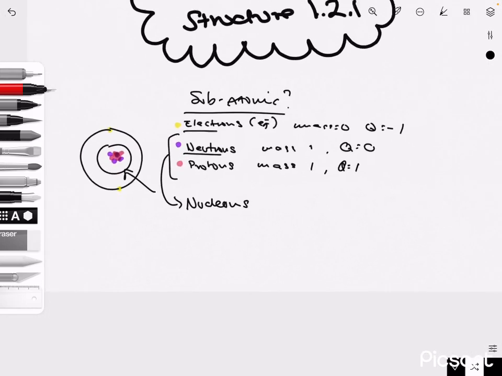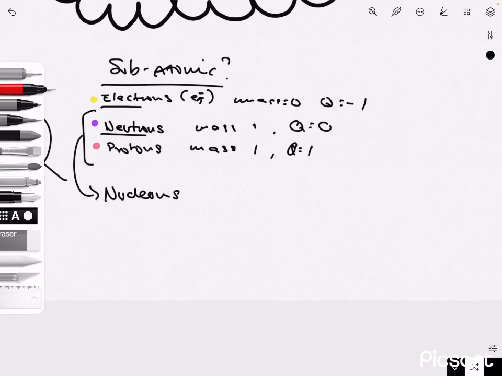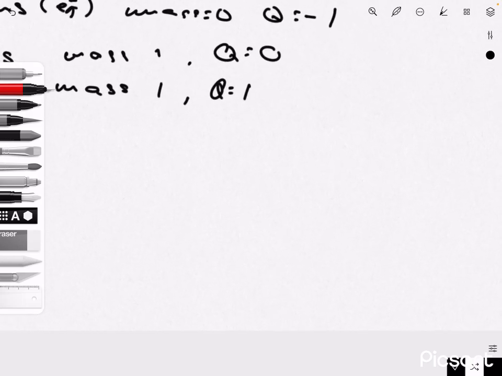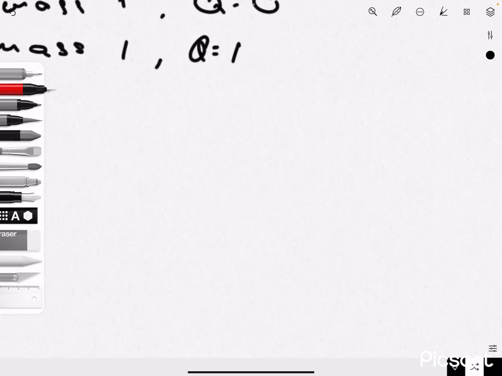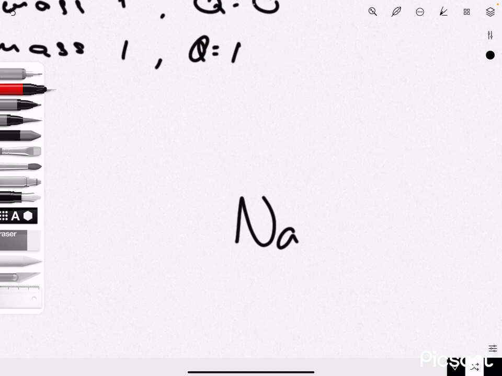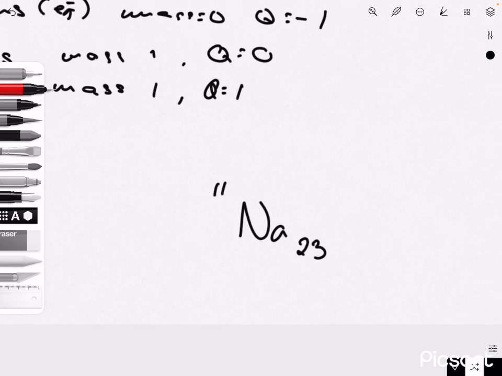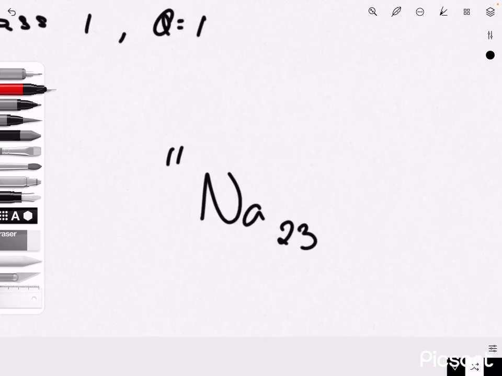Now, if we were to look at the periodic table example, or if you're given an element, you might be given, say, Na 11 23, the nuclear symbol for sodium.